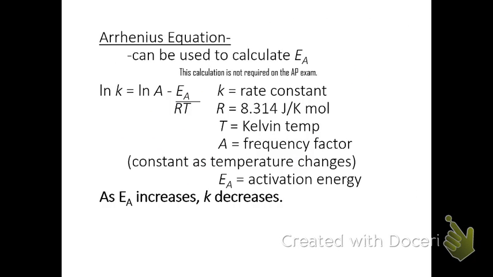This is something that is not on the AP formula chart, so you will not have to calculate with the Arrhenius equation, but you should understand the theory behind it. As the EA increases, meaning a higher activation energy, your rate constant is going to decrease. The only thing that's really going to affect the rate constant K is temperature.